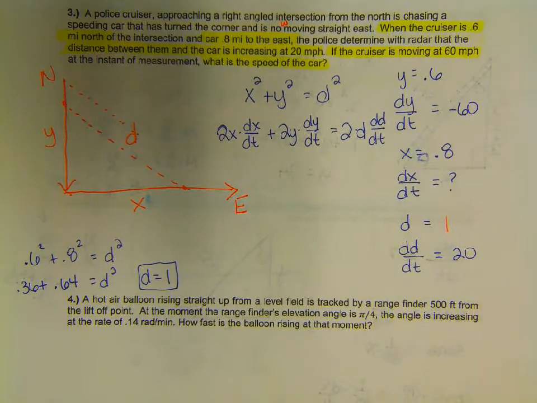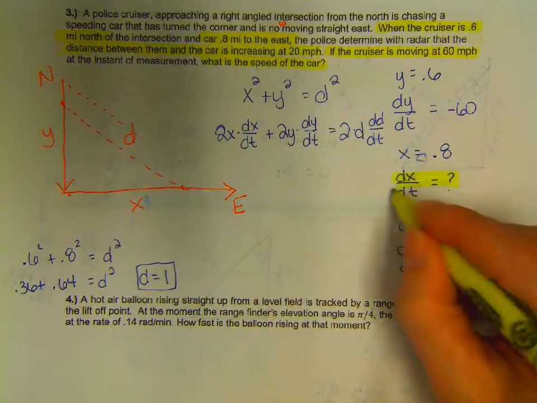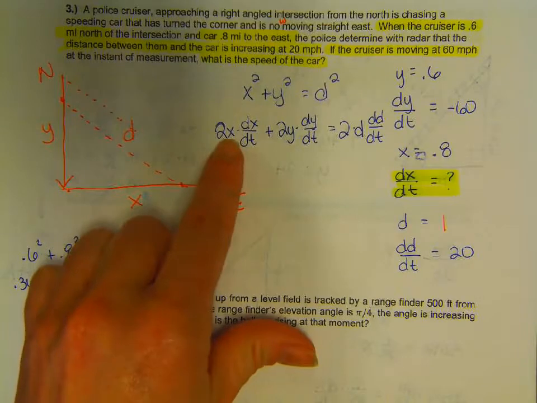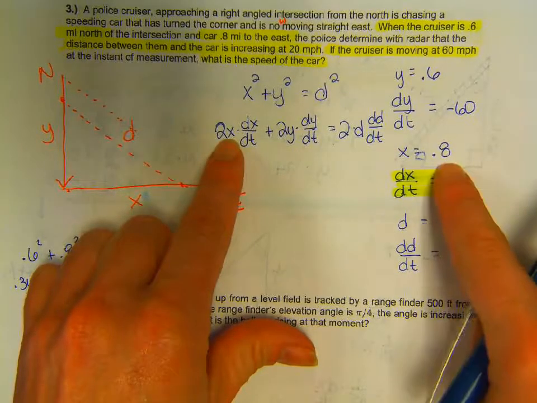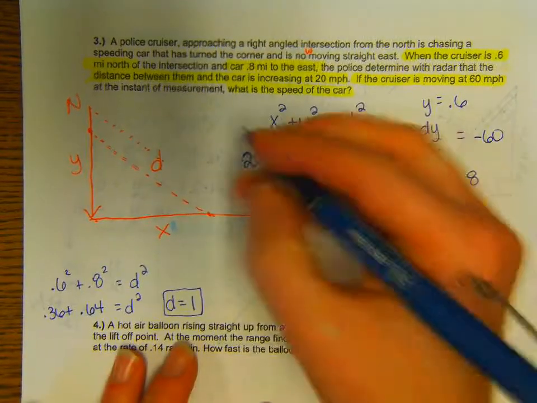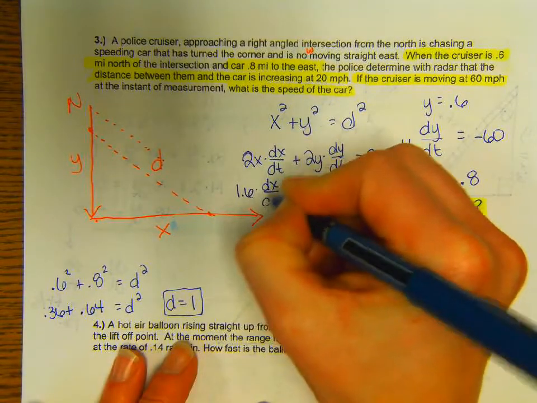So now I have everything but my unknown, what I'm trying to find. We're going to plug all of the things in and solve for dx/dt. So instead of 2 times x, I'm going to write 2 times 0.8, which is 1.6, times dx/dt, which I don't know.